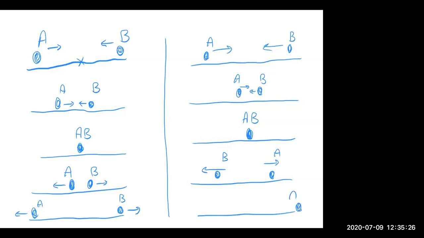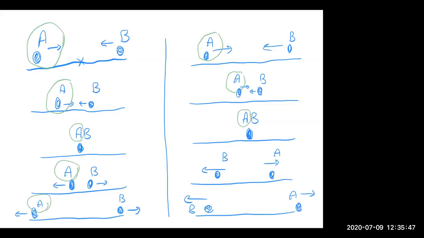So the difference is that in the first case, A was on the left side, would get closer to B, they would have contact, and A would go back towards the left side. In the second case, A is on the left side, gets closer to B, they would be on the same point, and then A would pass through B and go towards the right side. It would continue its path.